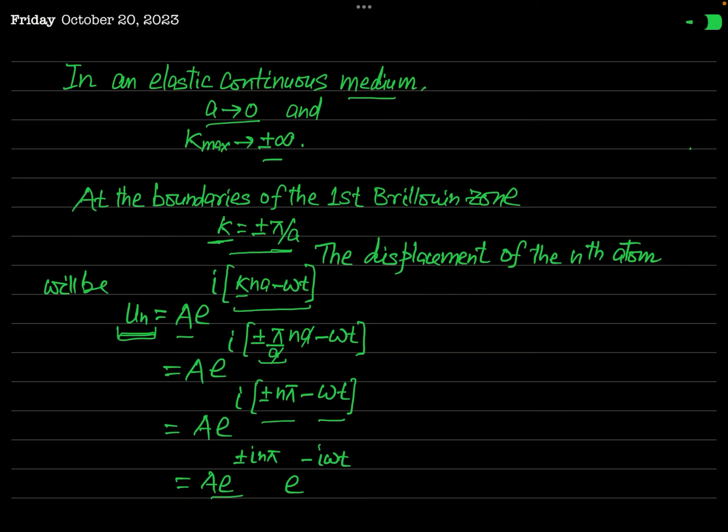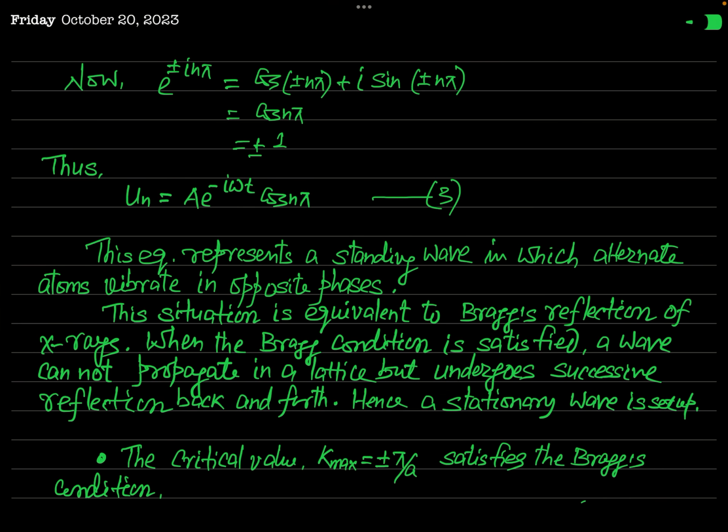But this e to the power plus minus i n pi, what is this? You know, e to the power plus minus i n pi is equal to cos(plus minus n pi) plus i sin(plus minus n pi). But you know, sin n pi is equal to 0.